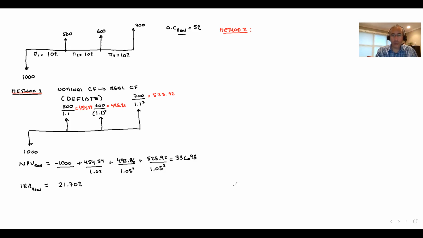Okay? So that's why, guys, my current interest rate should be able to cover the cost of the material, so it should cover the acquisition value, and also should cover a real interest rate.